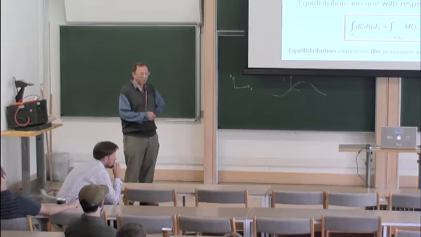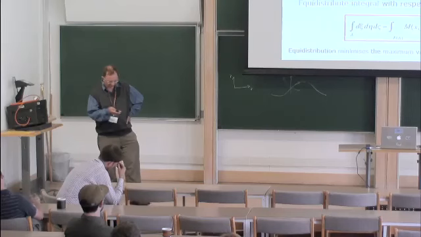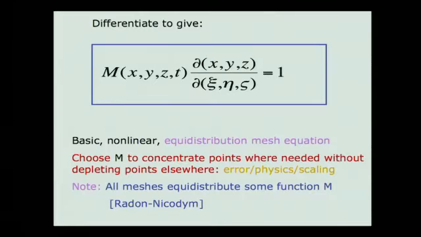Now we don't actually work with that, we differentiate it, and if you differentiate it, and this is the Jacobian of the map from computational space to physical space, then the equation becomes this, and that is the primary equation for defining the map that I have from my computational to physical space.